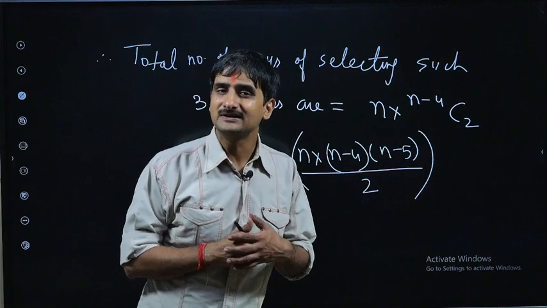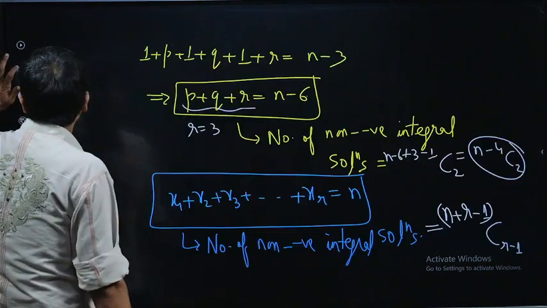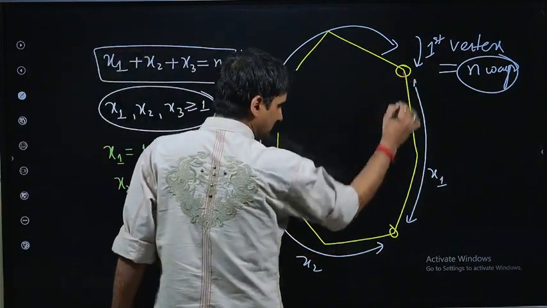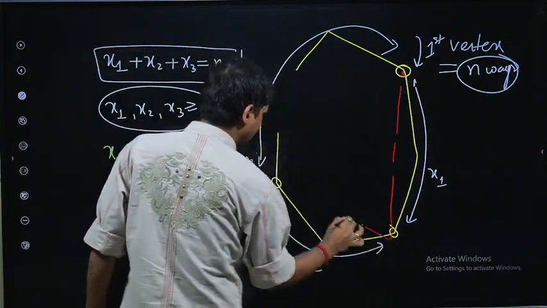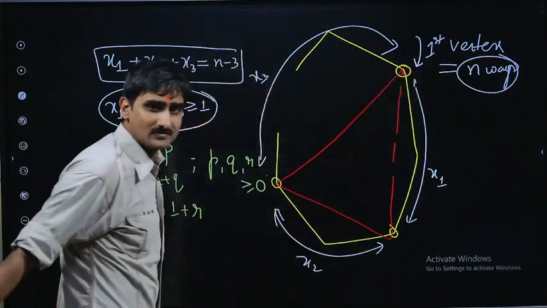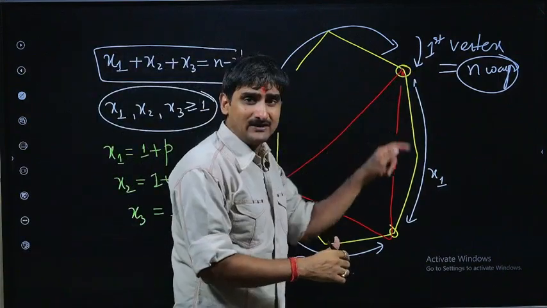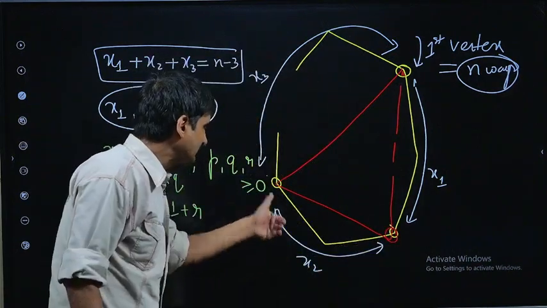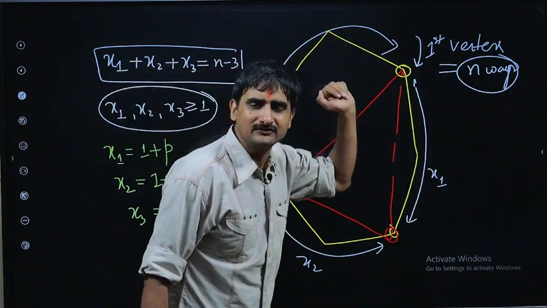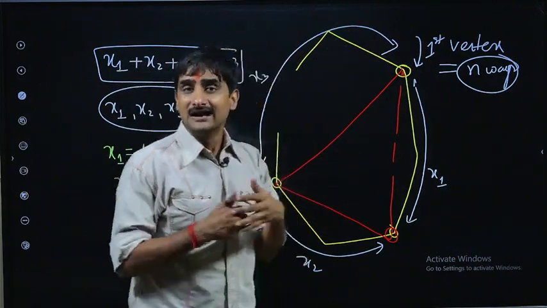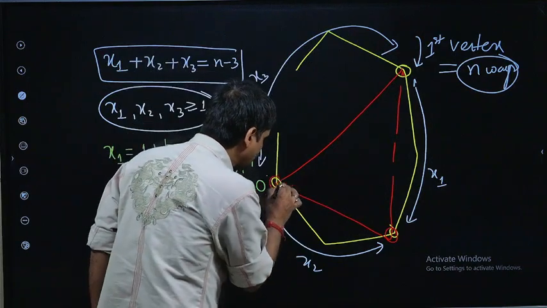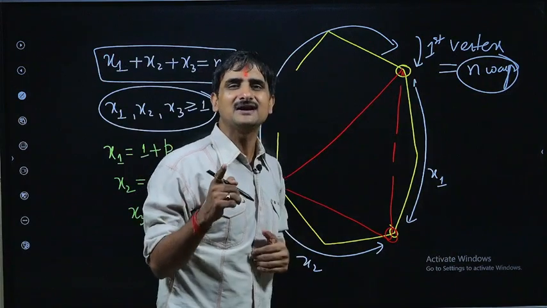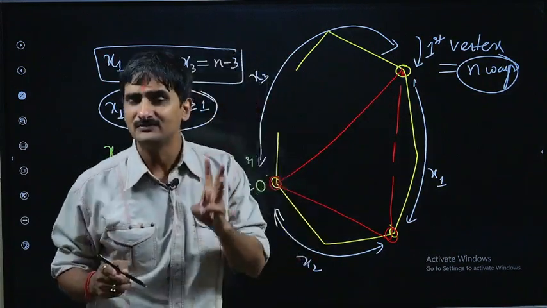See, there are so many repetitions. How? When you select this vertex, you select this as the second vertex, and this as the third vertex. Similarly, out of n ways, it's possible that you might be selecting this, and after a gap of x1 you select this, a gap of x2 you select this, and there's a gap of x3 here. Likewise, it might happen that you select this. That means the same triangle can be obtained in 3 different ways.